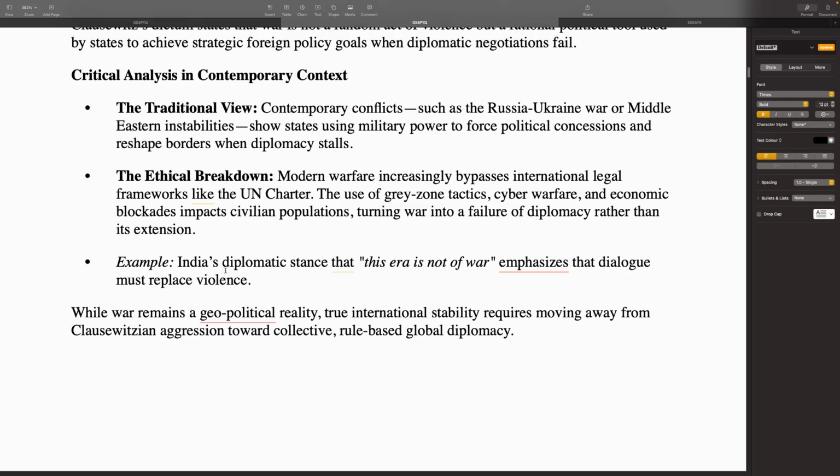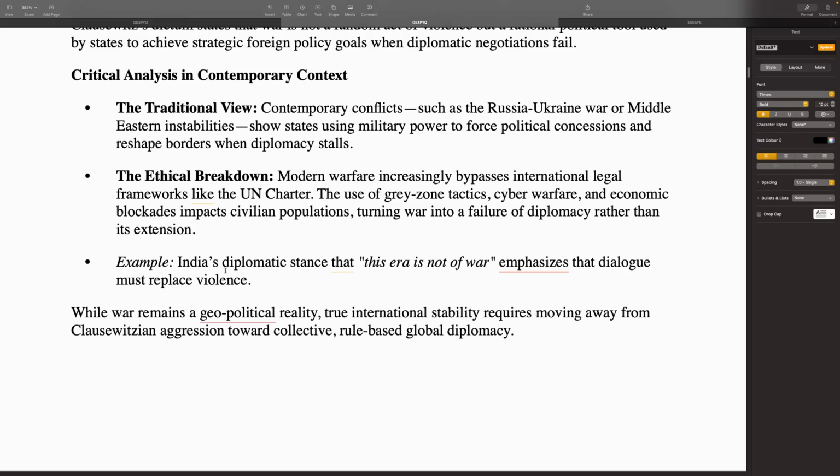The ethical breakdown: modern warfare increasingly bypasses international legal frameworks like the UN Charter. The use of gray zone tactics, cyber warfare, and economic blockades impacts civilian populations, turning war into a failure of diplomacy rather than its extension.